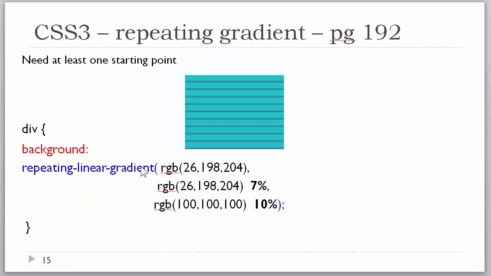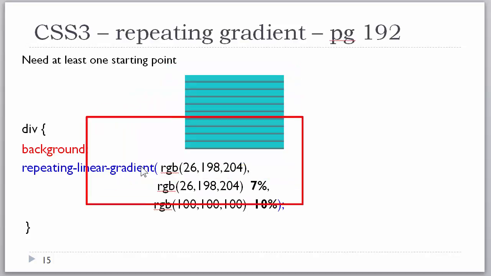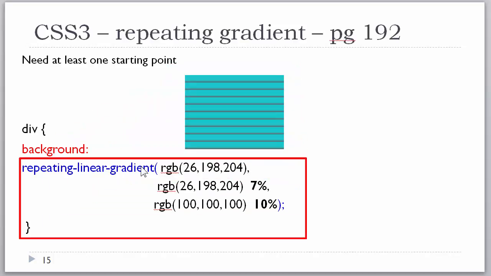Repeating gradients, very gorgeous actually. So let's take an example. Let's take a look at how we did this. All right, there's our diagram. It looks very nice. And we're using RGB colors here, which is fine, and actually you can use transparent colors also. So we have our first RGB value, which is a bluish. We have our second RGB value, which is another bluish, starting at 7%.